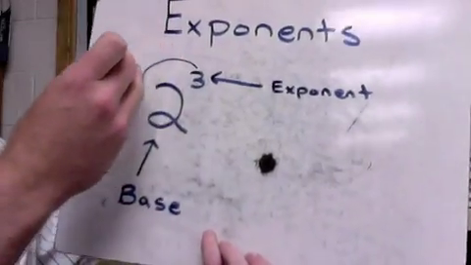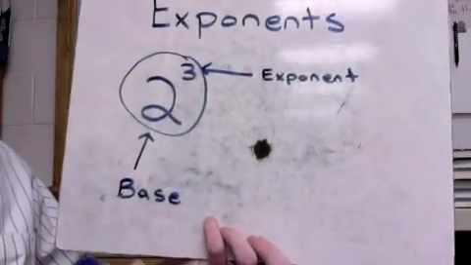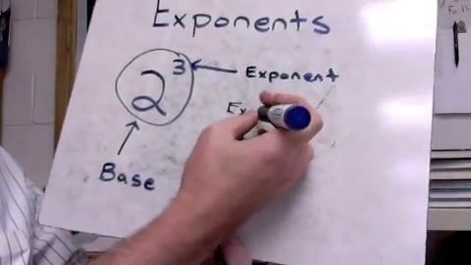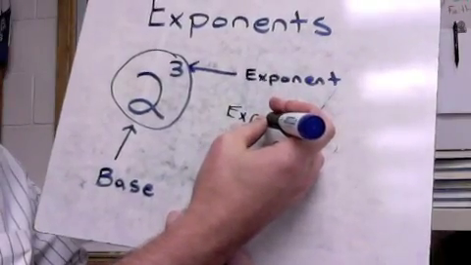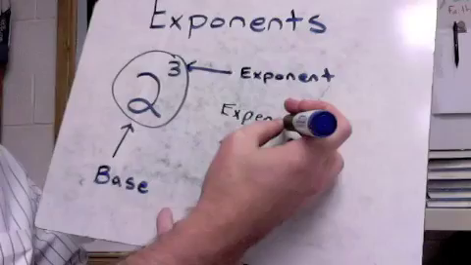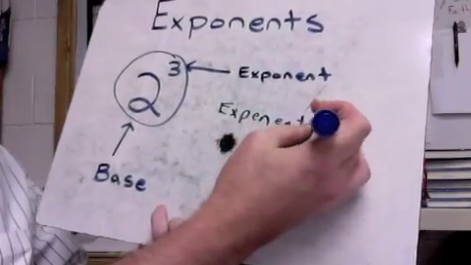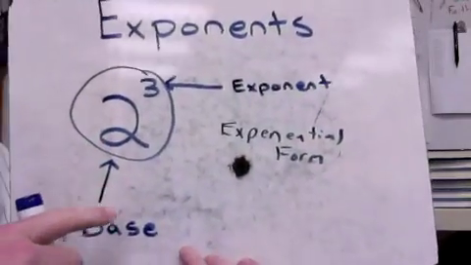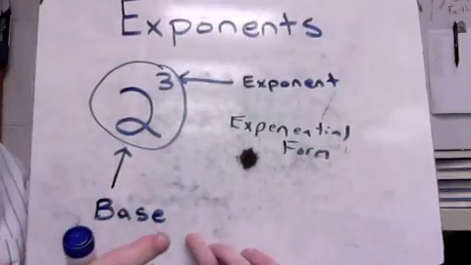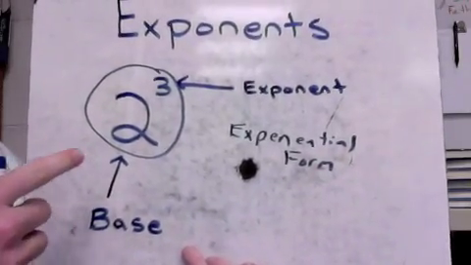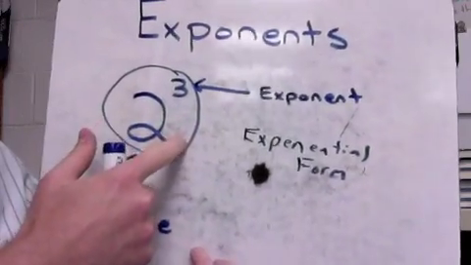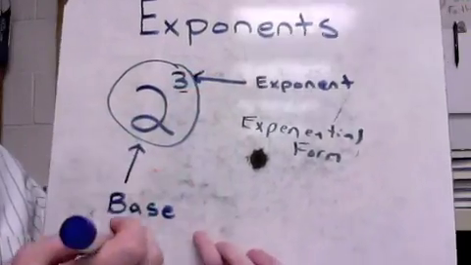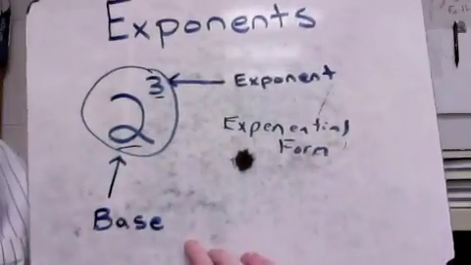If you see this in this form, this is what I would call exponential form, meaning it has an exponent. We're going to talk about what this means in a minute, but if you see this, this is exponential form. This is the actual exponent, while this is what we call the base.